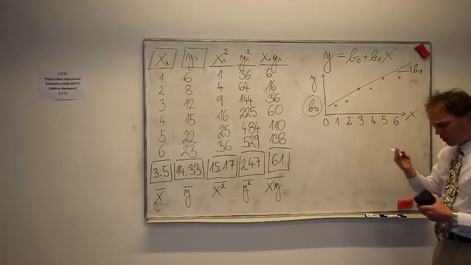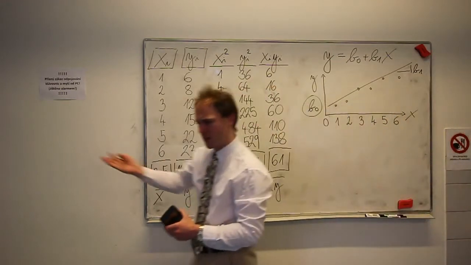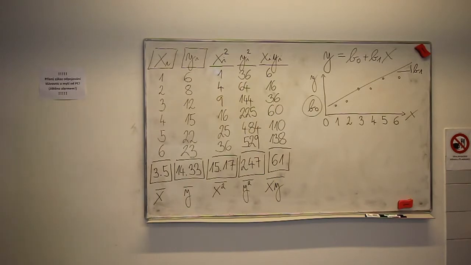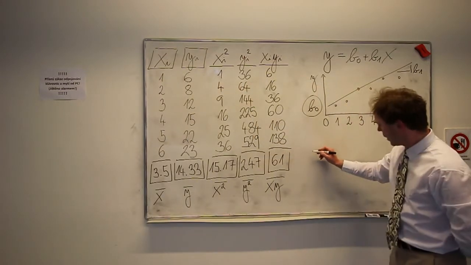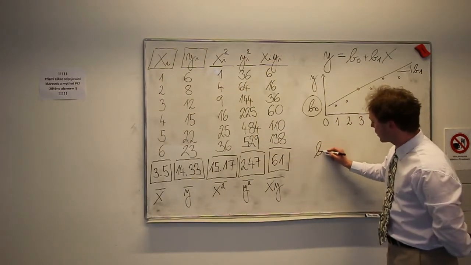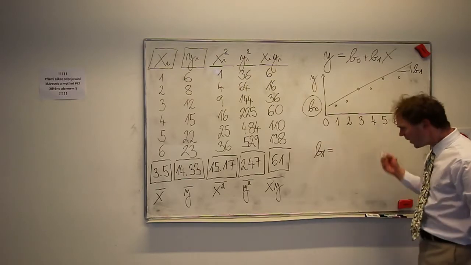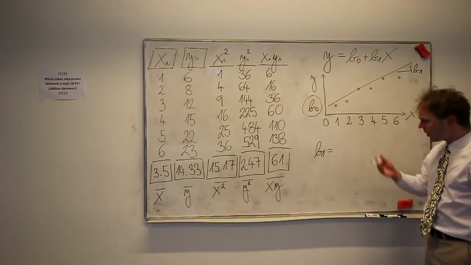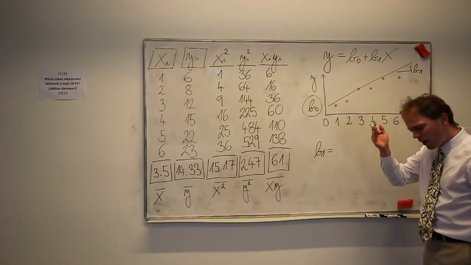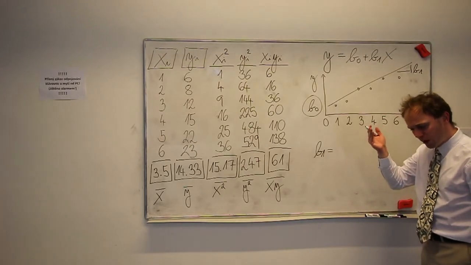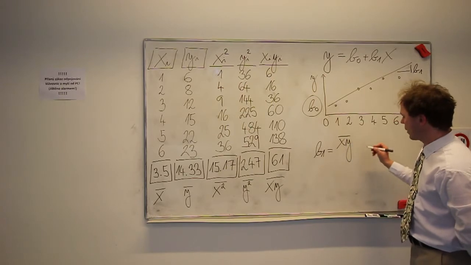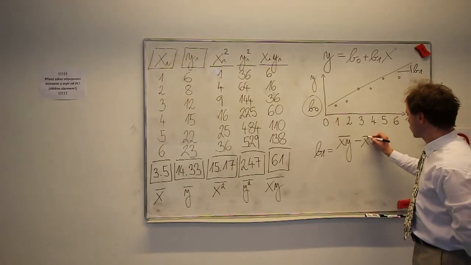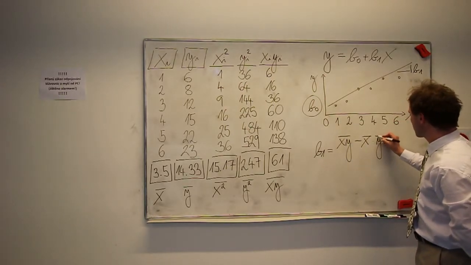If you check your formulas, yes, I will check my formulas here, I can rewrite the formula for calculation of B1. It's necessary to start with B1. And in the numerator, you can find the thing which you have already seen. There is mean of xy minus x mean times y mean.